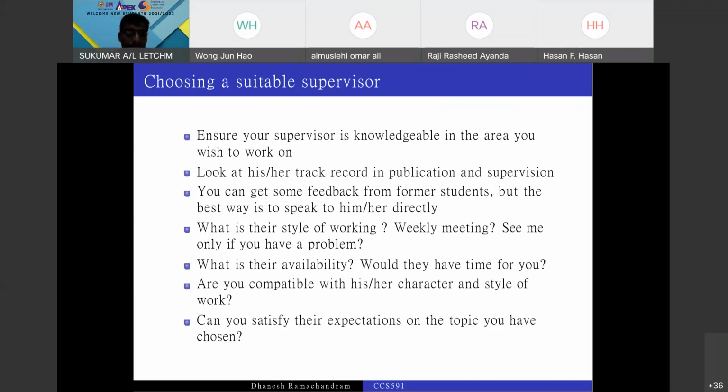You might choose only guys, or only girls, depending on you. Who you want to select as your supervisor. Can you satisfy their expectation on the topic you have chosen? This is not easy to understand at the early stage. It only happens in the middle stage. Then only you know that your expectation is not that easy to satisfy. So you need to play your role more.